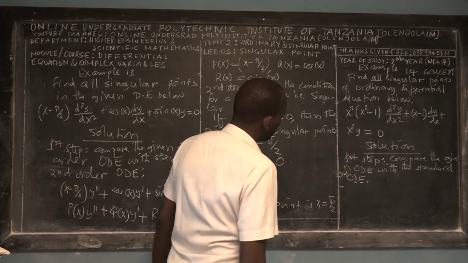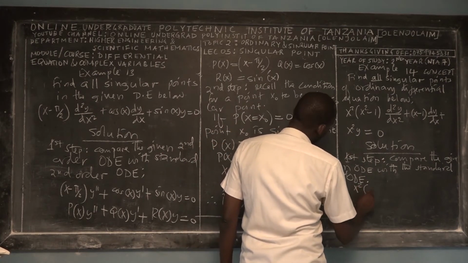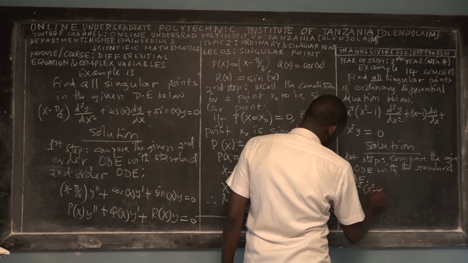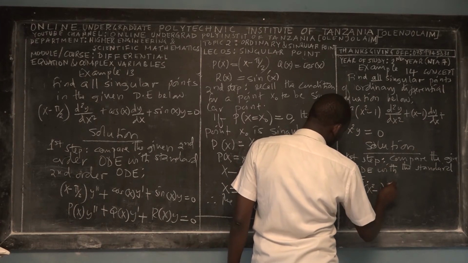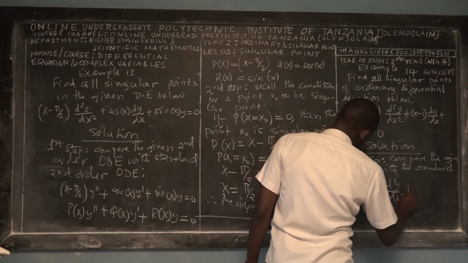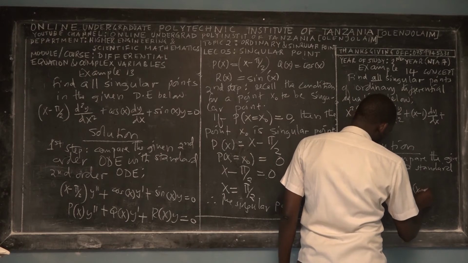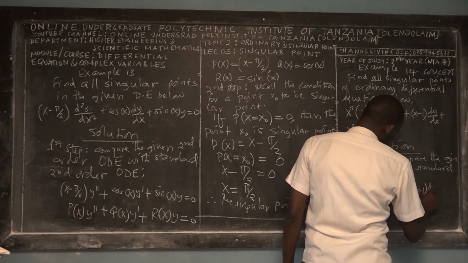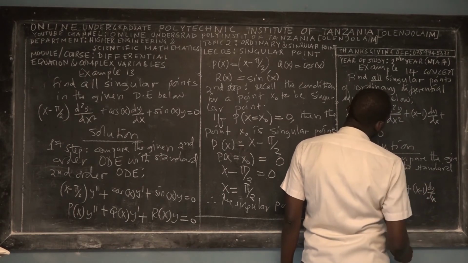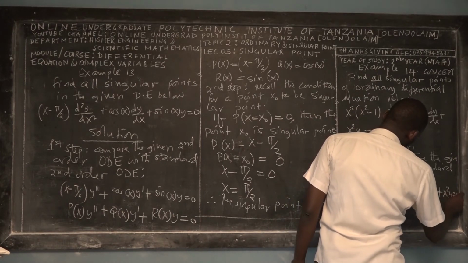So what is the standard equation, and what is the given equation? The given one is x squared minus 1, plus x minus 1, y dx, and plus x squared y is equal to 0.